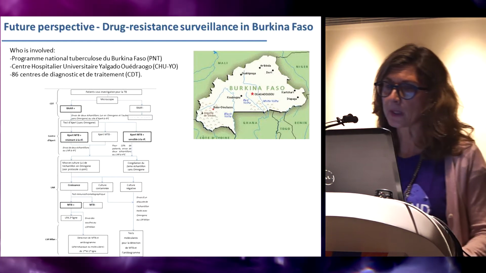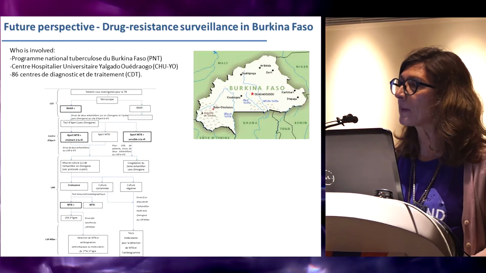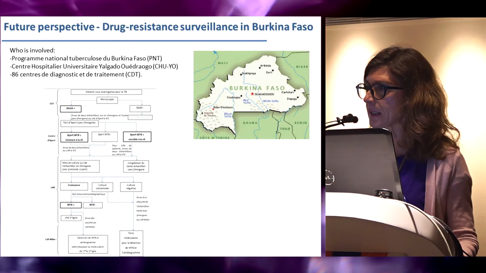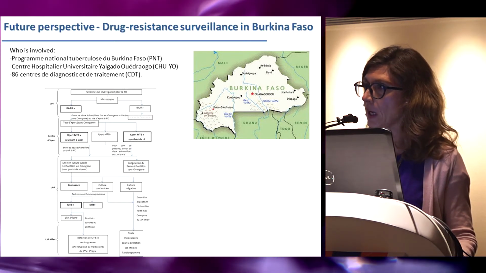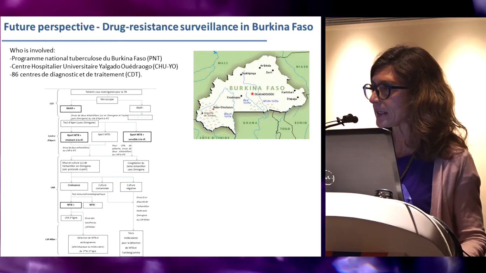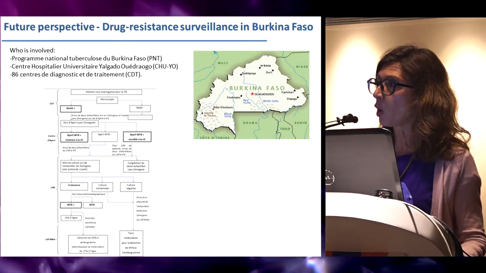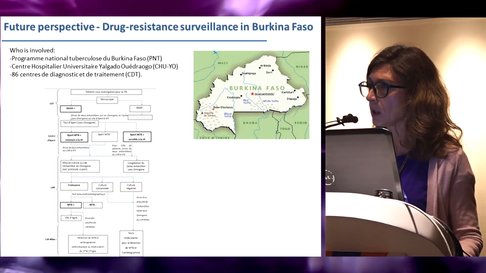and that it is suitable with our Illumina protocol. In terms of future perspective, one of the biggest problems we have is to do the DRS in countries with very little culture capacity. So we are doing the DRS using Xpert, and all the rifampicin resistant will need to be cultured.